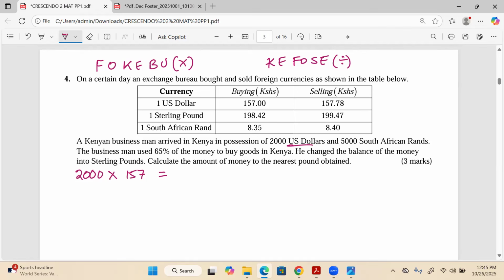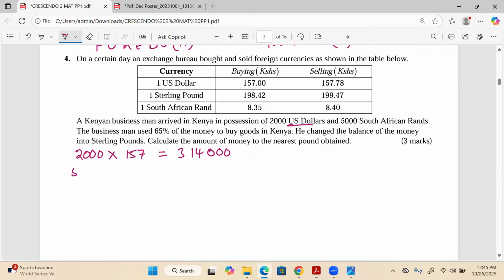This is 314,000 Kenya shillings. Again, we are to convert 5,000 South African rands using the rate of 8.35 according to the buying column. This is equal to 8.35 times 5,000, which gives us 41,750.